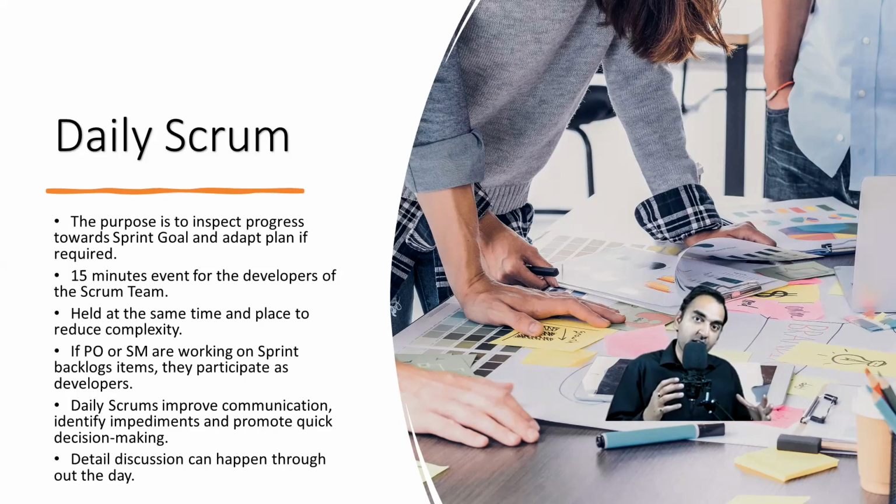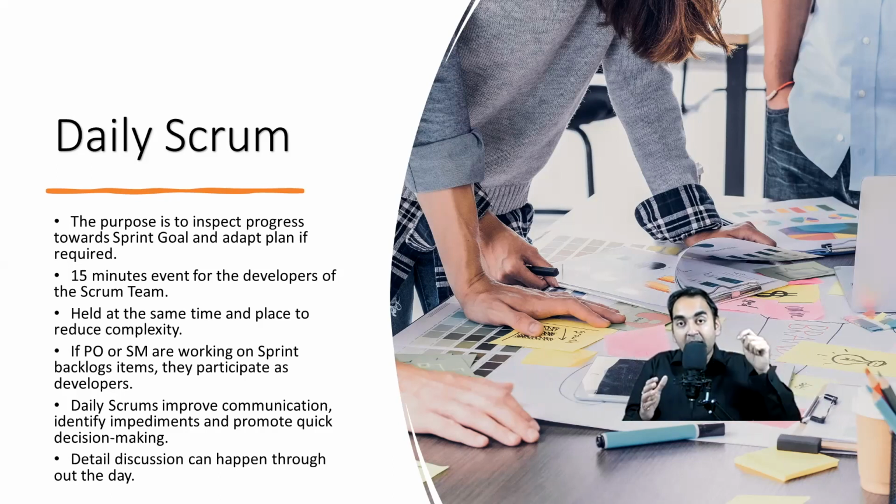As I already mentioned, the detailed discussion can happen throughout the day. Daily Scrum is just to ensure that we are on the right track, and the detailed discussion should happen outside daily Scrum.